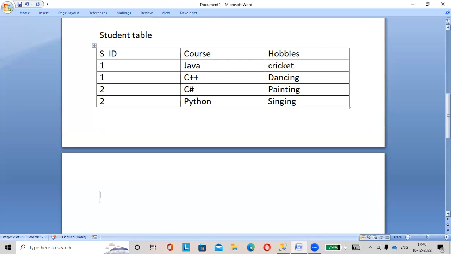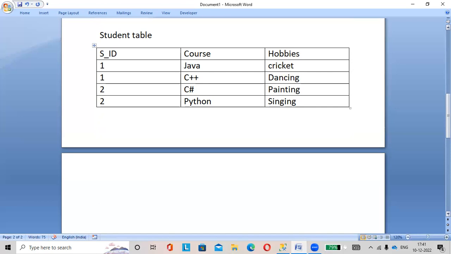Into how many tables can we break this table? Two tables, ma'am. Course and hobbies.